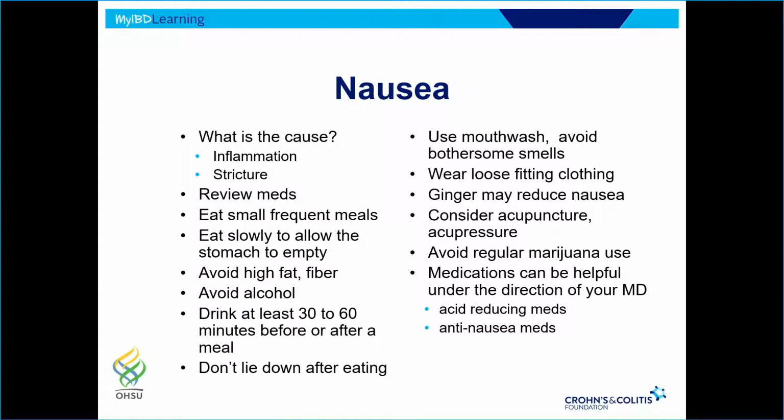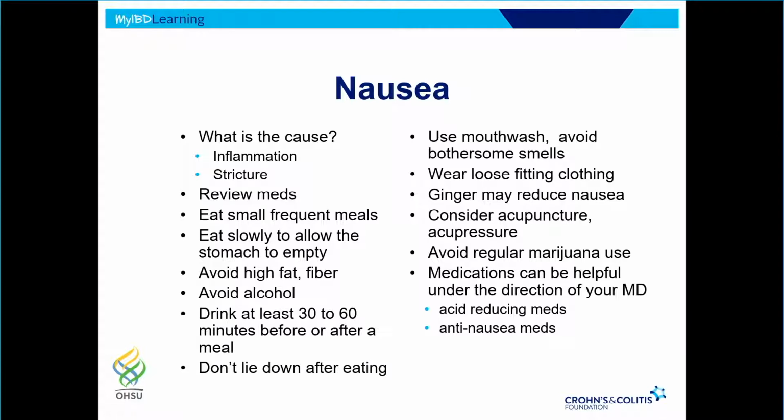There are also some things you can do, like wearing loose clothing, using mouthwash, or avoiding smells that seem to trigger nausea. And then again, not a lot of data behind this, but acupuncture and acupressure have anecdotally been helpful to some patients who experience a lot of nausea.